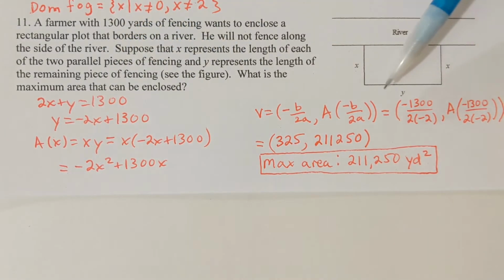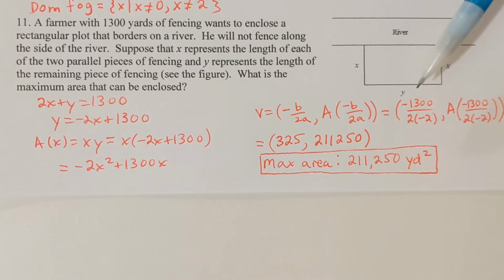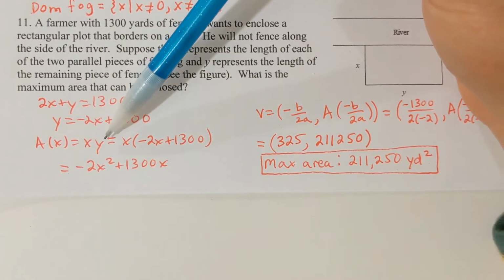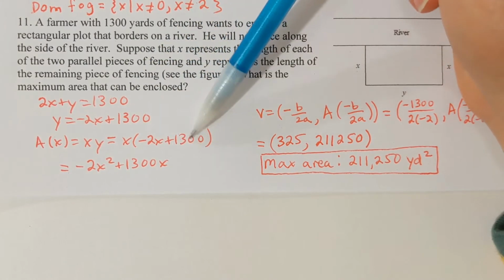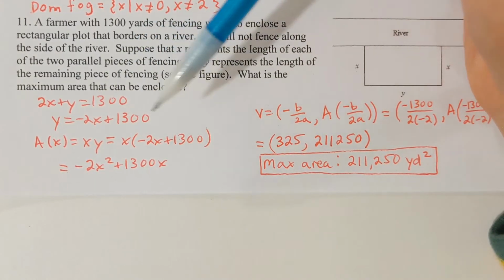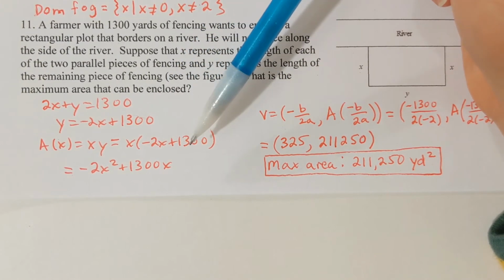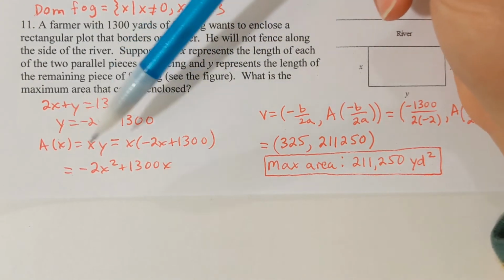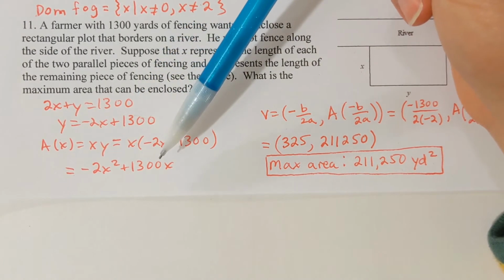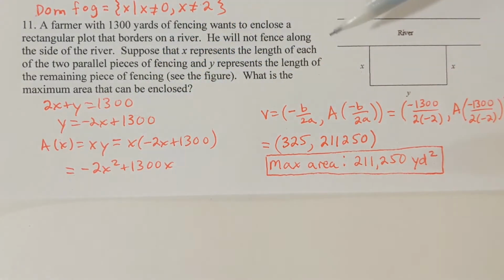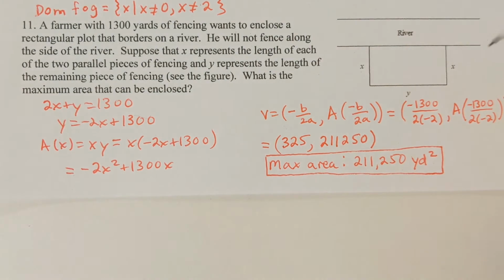That would be this remaining piece in terms of x. So where I see y in this function that I'm building, I can replace that with something in terms of x. That way everything is in terms of x. Distribute x, and so A of x would be negative 2x squared plus 1,300x. Okay, now that would be the function that models this situation.